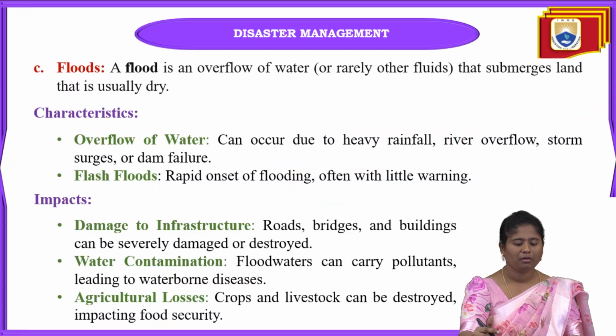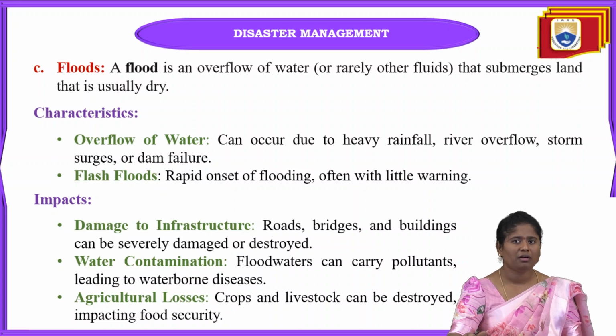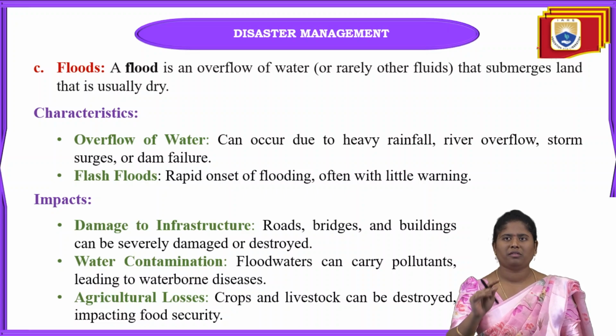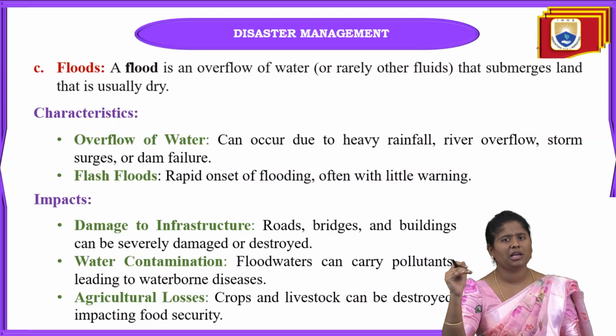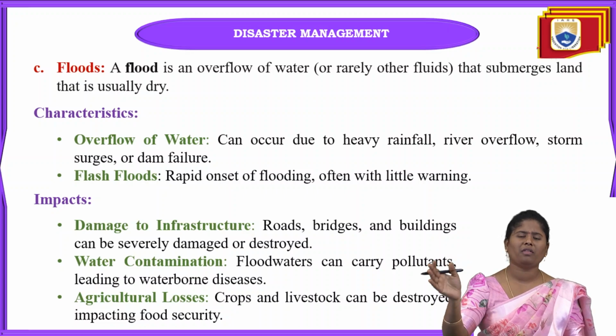Okay. Next, the next exogenous hazard is floods. What is meant by a flood is nothing but the overflow of water. If heavy rainfall occurs in an area, the nearby ponds, lakes, and rivers get filled. When the rivers and ponds are overall full of water, the hydrology structures will push water onto the roads.